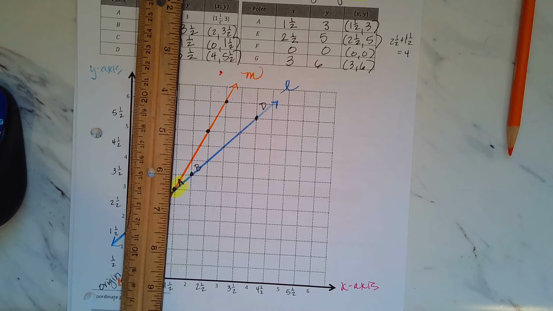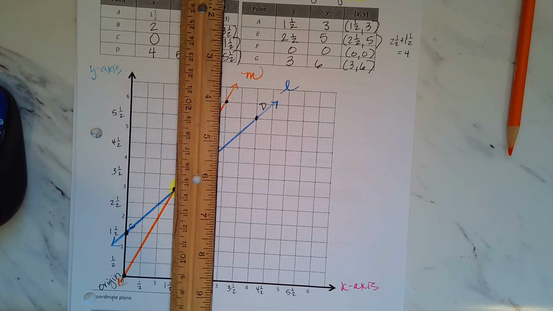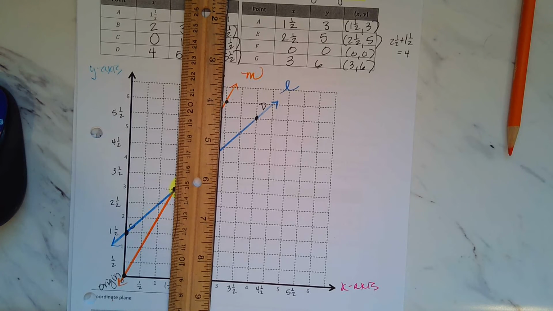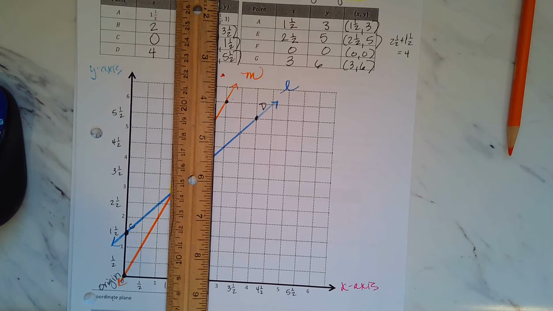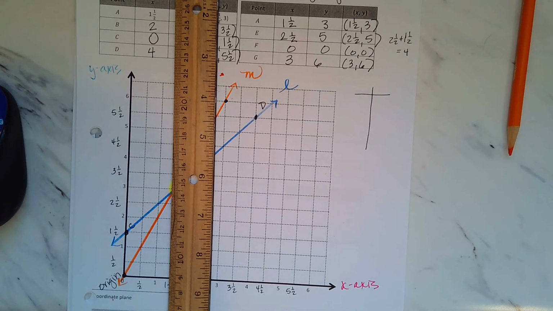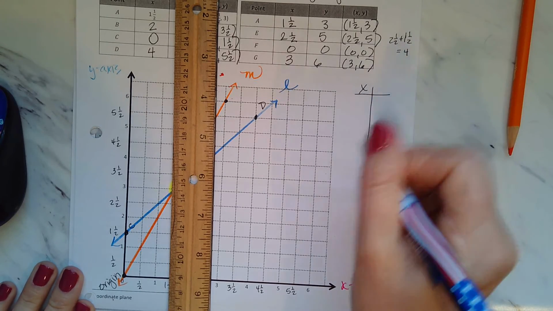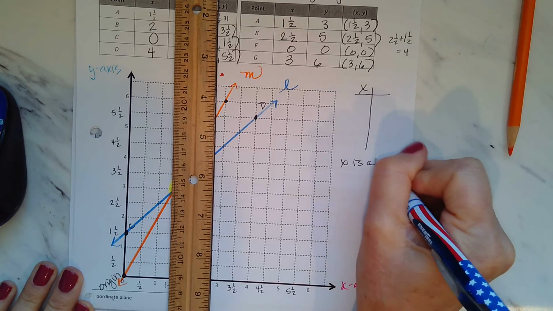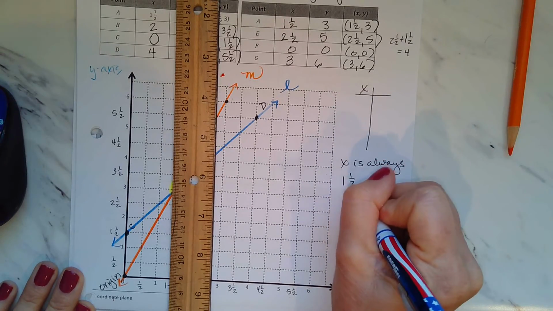So, show a line that is parallel to the y-axis. What would that look like? You're right, it would look just like this. So what I want you to do now, quickly off to the side, is say when x is always 1.5.